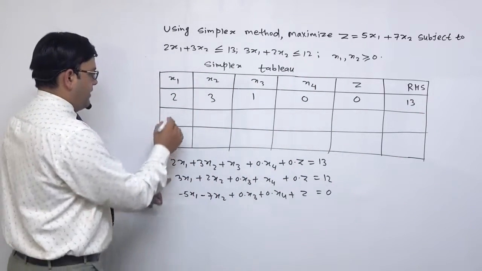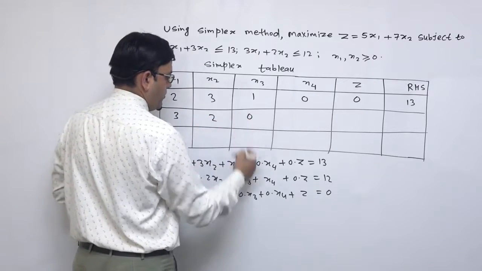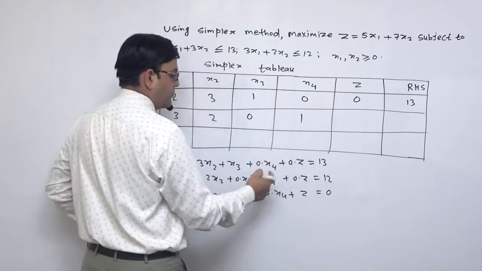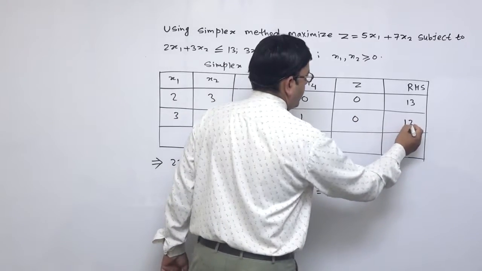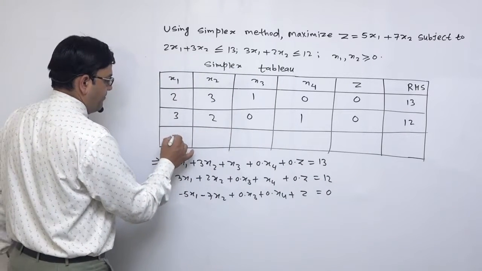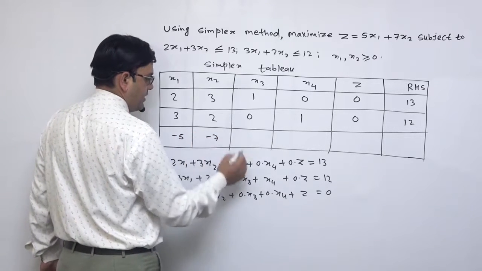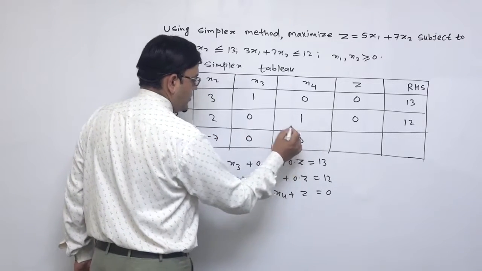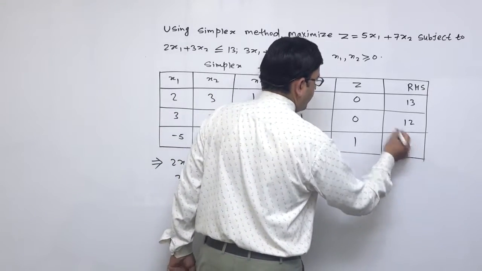Similarly here 3 and then 2, 0, and x4 coefficient is 1, and z is 0, and RHS is 12. Similarly we have here minus 5, minus 7, and then 0, again 0, there is 1, and then 0.